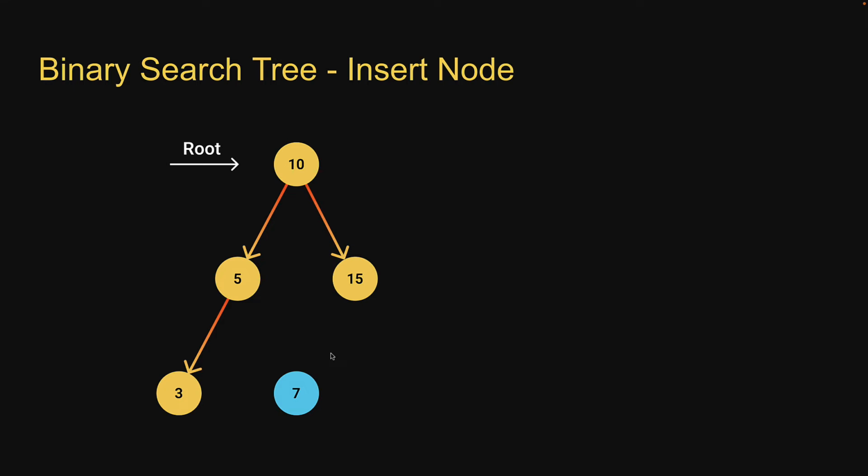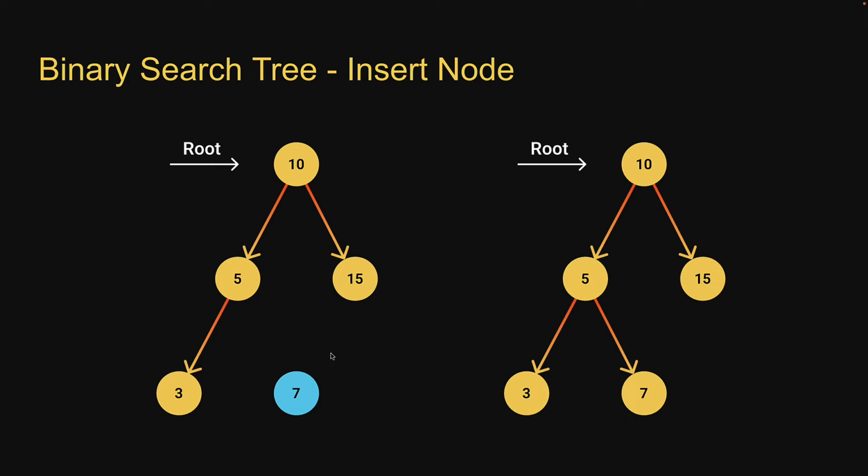No, it does not. So insert 7 as the right child of 5. We are recursively traversing each node and checking if the node should be inserted as the left child or the right child. When there is no left or right child is when the new node can be inserted into the tree. If this is clear, let's head back to Replit and write the code.